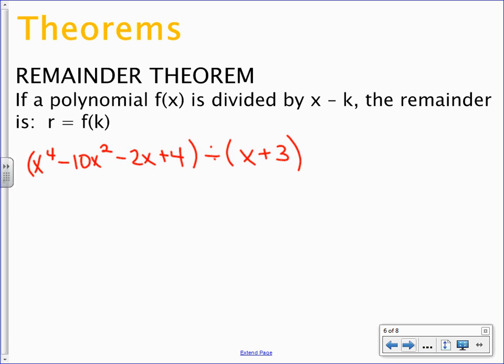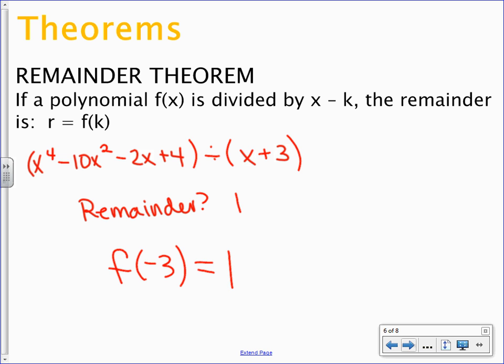This is the example we just did on the previous slide, correct? What was our remainder? Our remainder was 1. So what this means is f evaluated at -3 is our remainder 1.